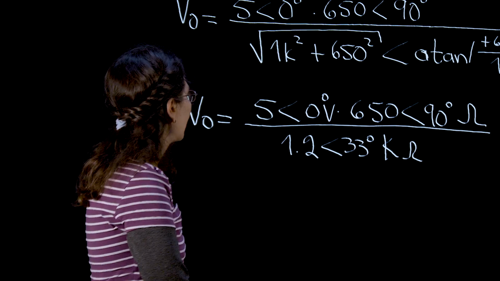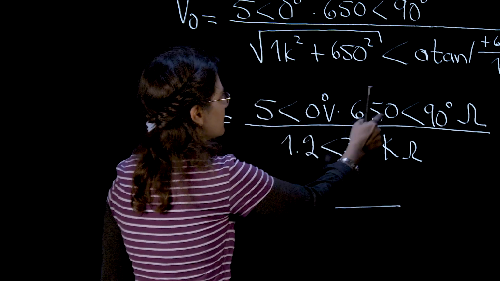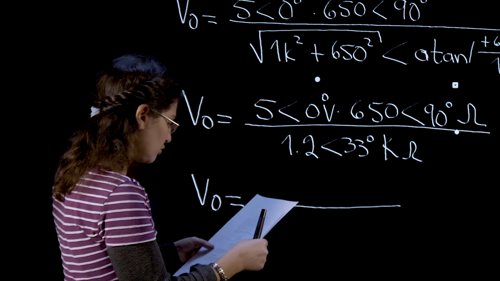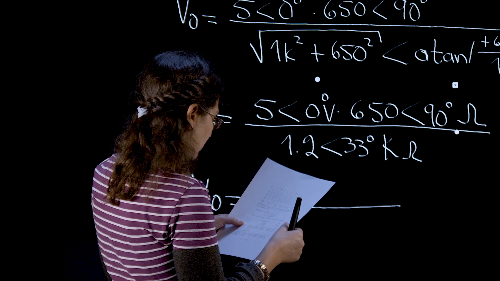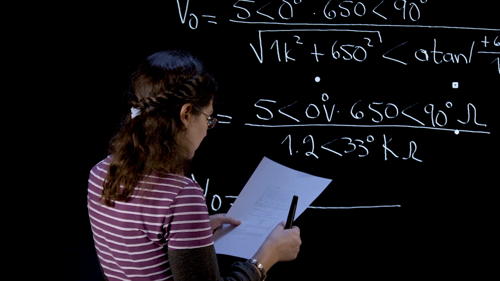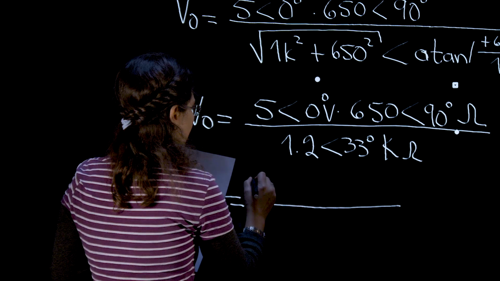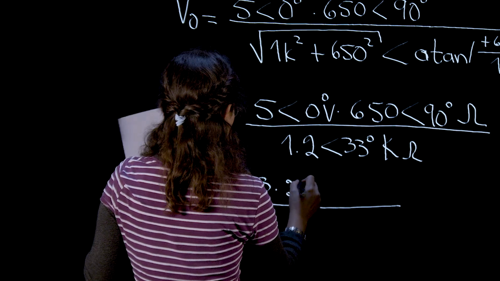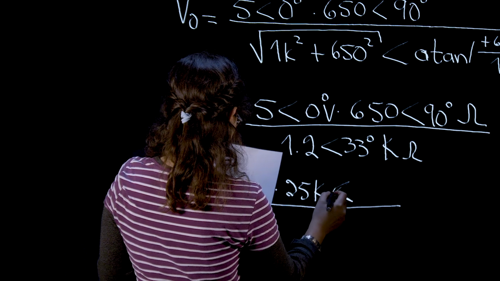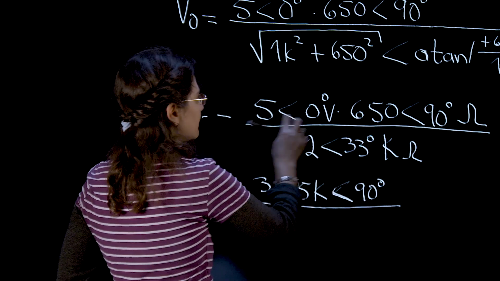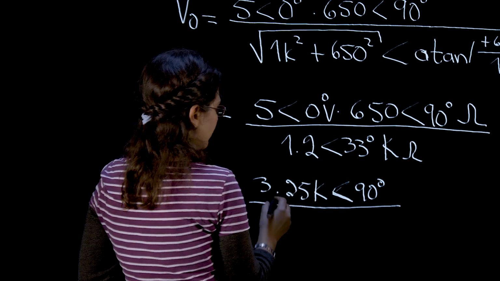So my complex number will have the magnitude, which is 5 times 650, which gives me 3.25 K with an angle of 90 degrees. So 5 times 650 gives me 3.25 K at 90 degrees.